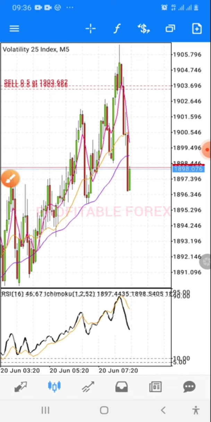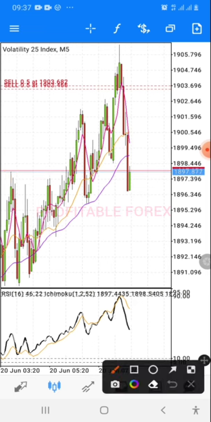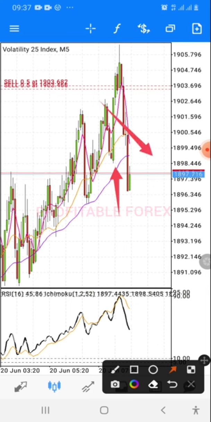Now, with the help of my indicators, the exponential moving averages, I was able to detect that the trend was going to go bearish. How do I know that? Because the moving averages were about to cross over to the other side of the chart, and when they cross over, it means the trend is going to go bearish for the main time.